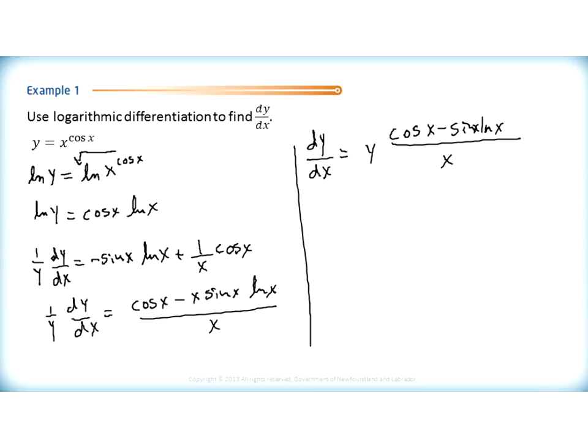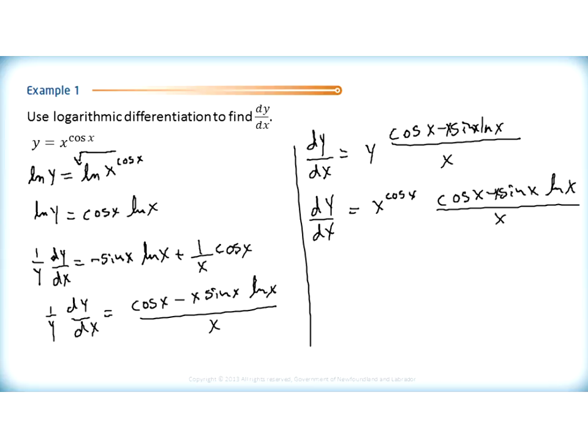And then we've got to remember what y was equal to. That's where we started. So that is x to the power of cosine x, and that's multiplied by cosine of x minus, oh, I forgot an x, didn't I? x sine x ln x, all over x there as well.